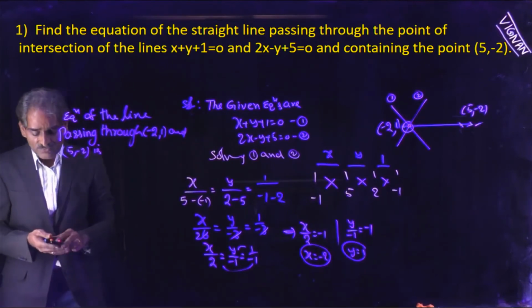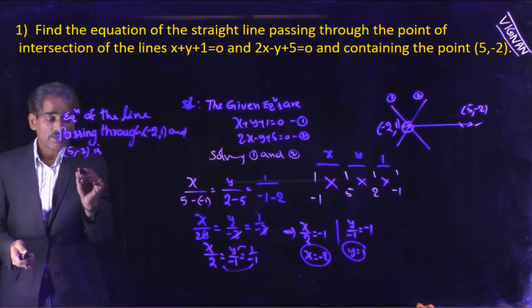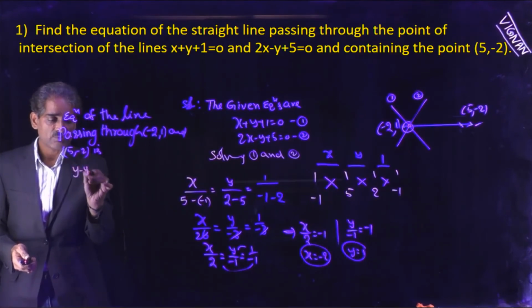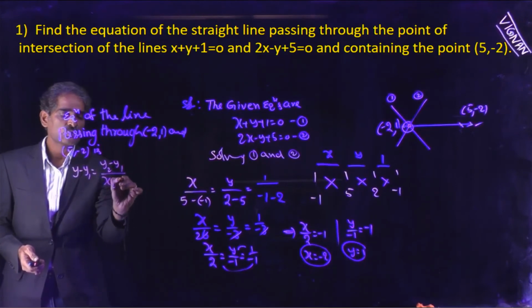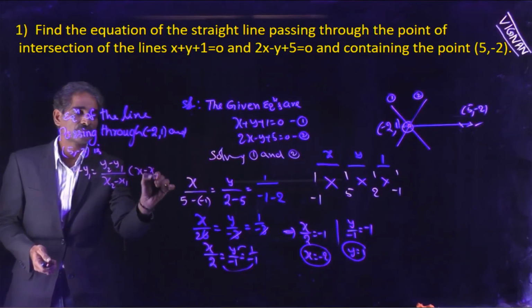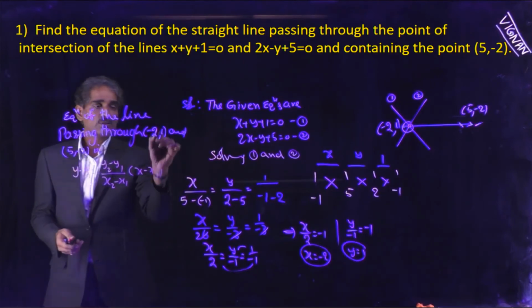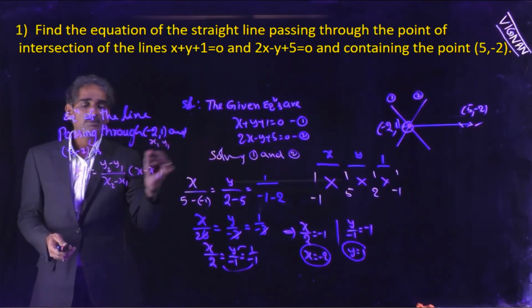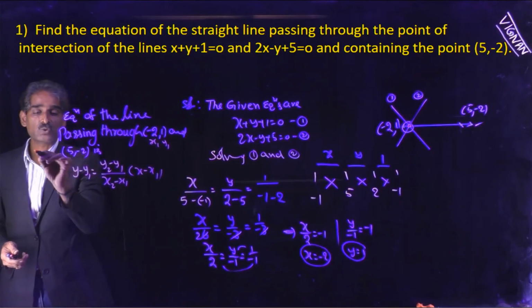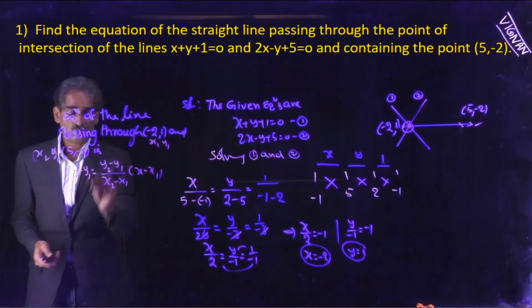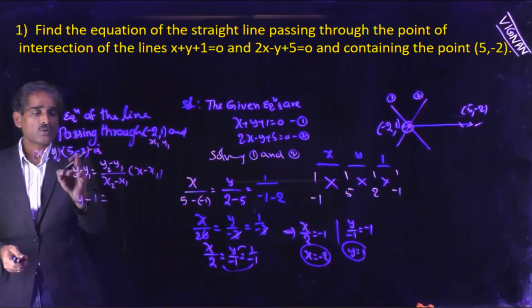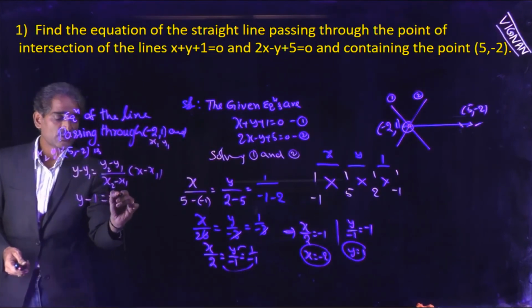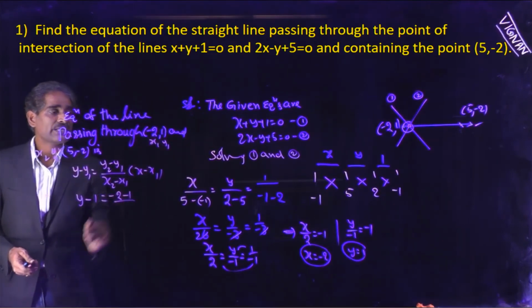What is the formula? y minus y1 is equal to y2 minus y1 by x2 minus x1 into x minus x1. Let us take this as x1, y1 and this as x2, y2. Now substitute: y minus 1 is equal to y2 minus y1, that means minus 2 minus 1, by x2 minus x1.